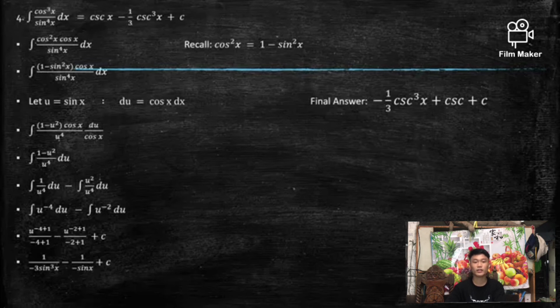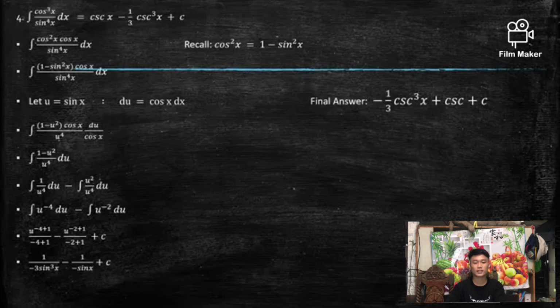Next step is that we need to cancel the two cos x. Then what is left is the integral of 1 minus u squared over u raised to 4 du. As the numerator has two terms, we can rewrite it as the integral of 1 over u raised to 4 with respect to du minus the integral of u squared over u raised to 4 with respect to du.